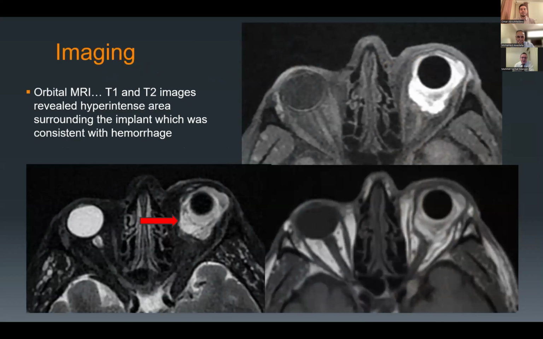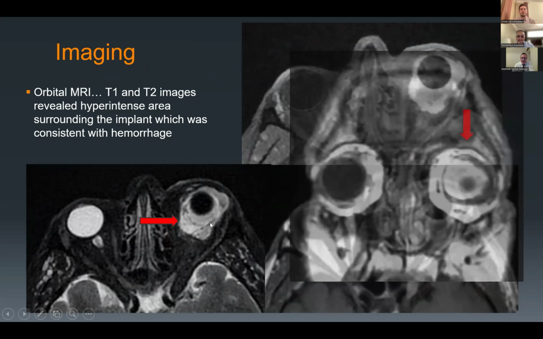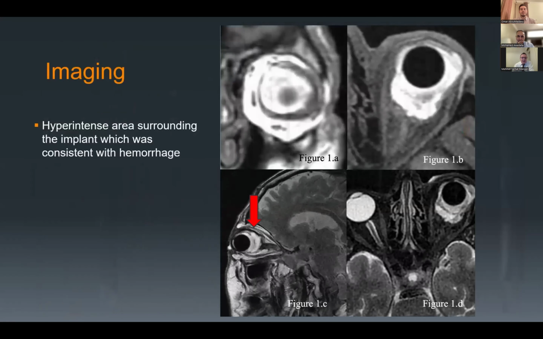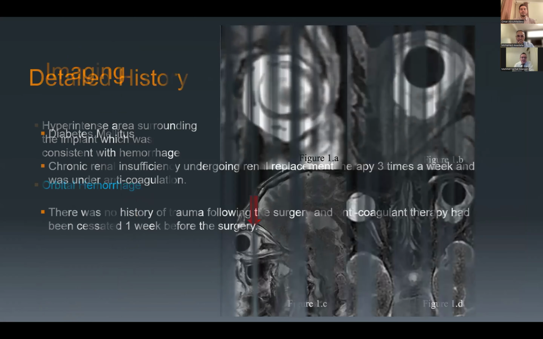On radiologic imaging, orbital MRI, the T1 and T2 images revealed a hyperintense area surrounding the implant, consistent with hemorrhage. We see the axial, coronal and sagittal images, consistent with orbital hemorrhage.